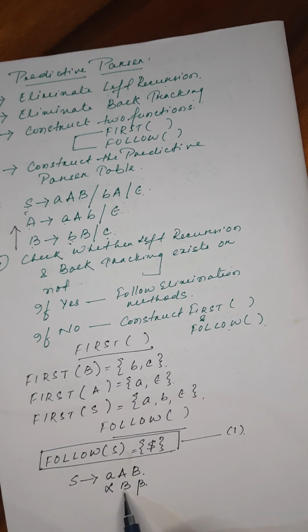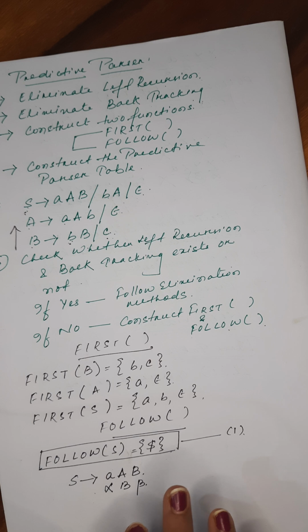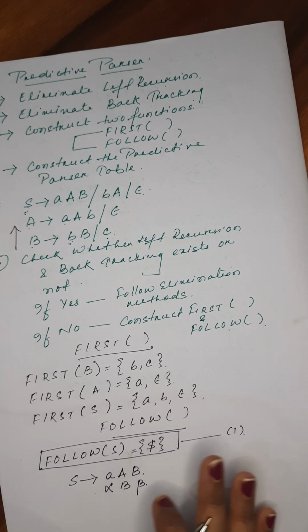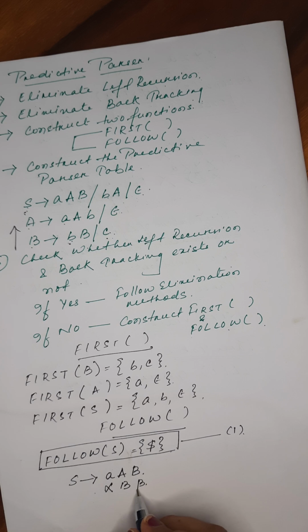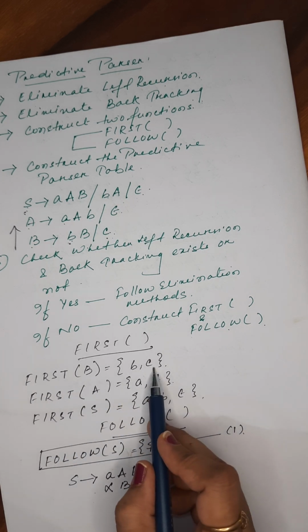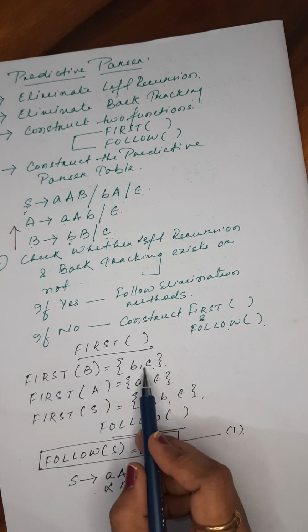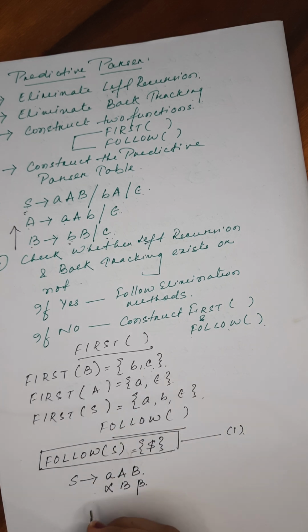I am taking A as alpha, B as beta. One thing you have to remember: B has to be a single non-terminal, and alpha, beta, gamma, whatever you are taking, are strings, that can be V union T star. What is V union T star? Combination of terminals or non-terminals. Now see, where is first of beta? First of beta means first of B. First of B does not produce epsilon. So, rule number 3 is not applicable. Only rule number 2 is applicable.